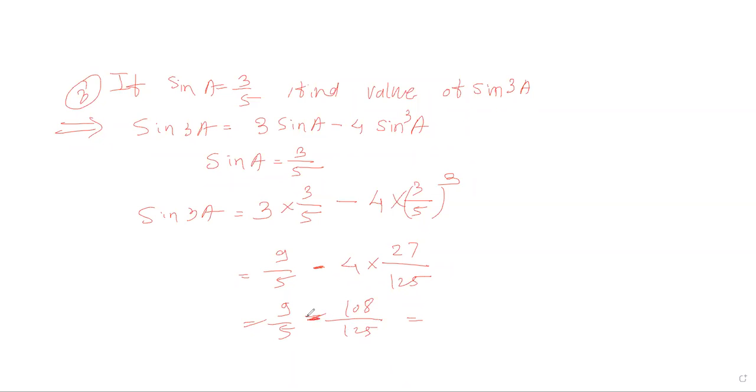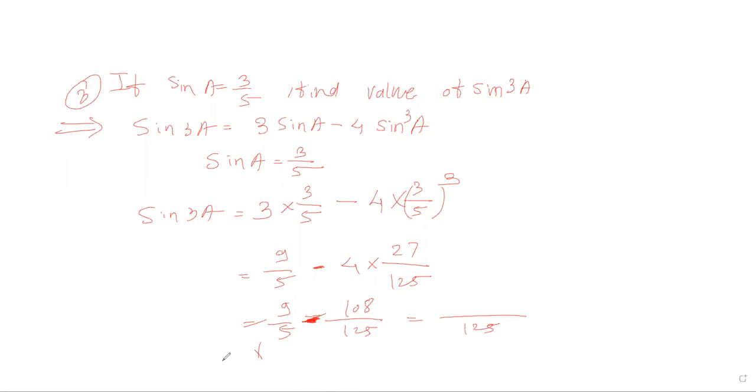Now here is the fraction subtraction. Firstly, equalize the denominators. So 1 by 5, which number do we multiply to get 1 by 25? 25.